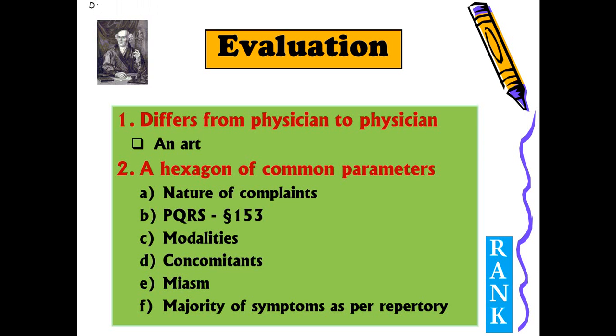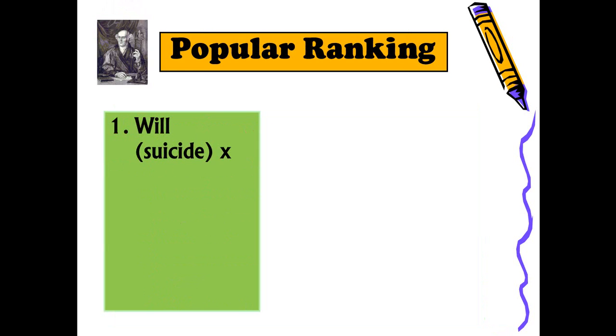So this is a common parameter hexagon, and in this next question comes about ranking, that how do you rank, what is most important. They say the most important, Kent says, is will, and because in will the symptom of suicide is there, and when one has got no love of life, then that becomes the most important symptom.